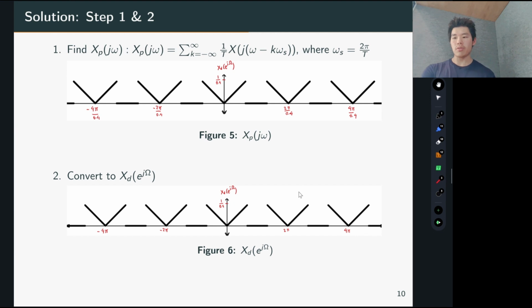You want to convert it to Xd(e^jω), which is just scaling the x-axis by multiplying by the sampling period, and hence all the copies should be centered at multiples of 2π, but the amplitudes are not affected by that.